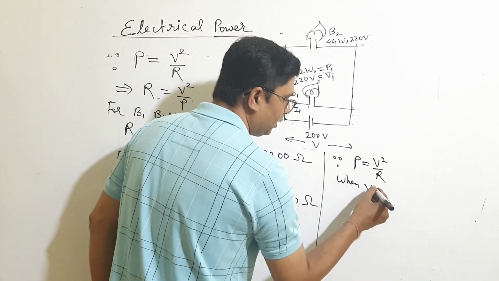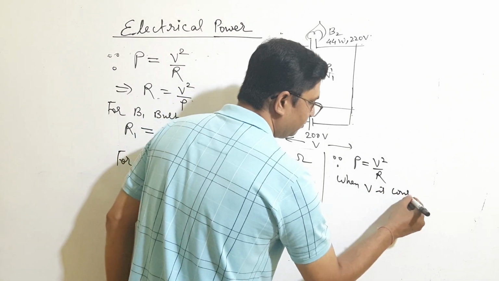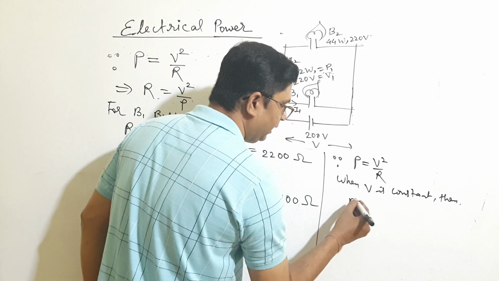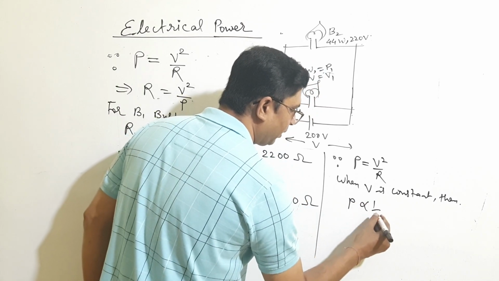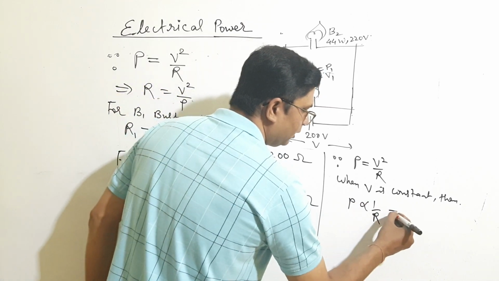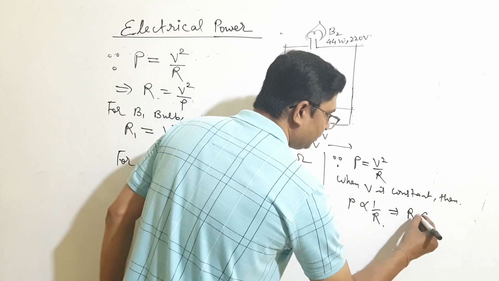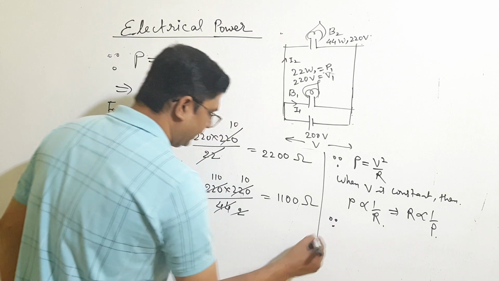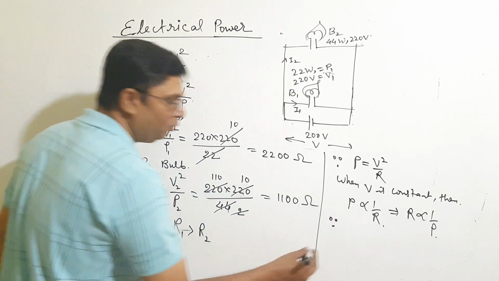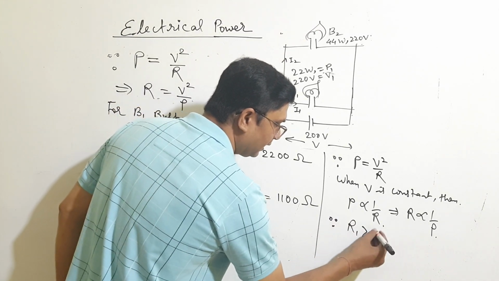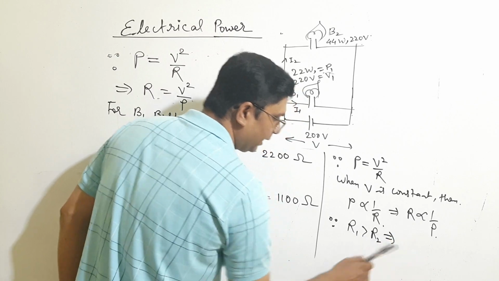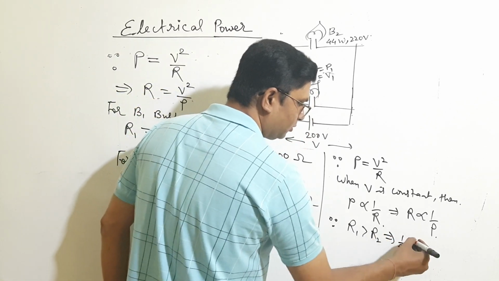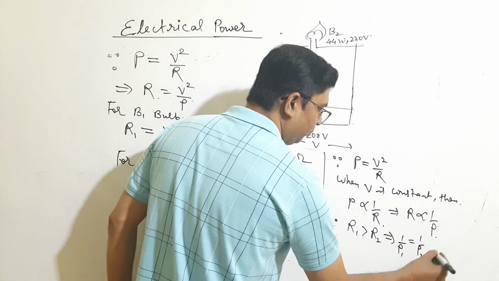When V is constant, then P is proportional to 1 by R, which means R is proportional to 1 by P. Since R1 is greater than R2, in place of R1 you write 1 by P1 and in place of R2 you write 1 by P2.